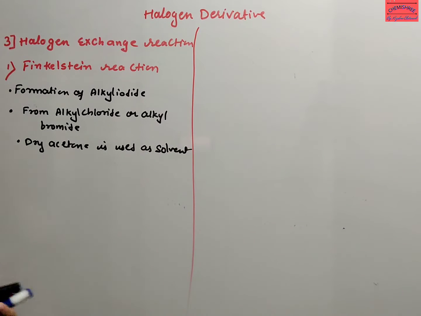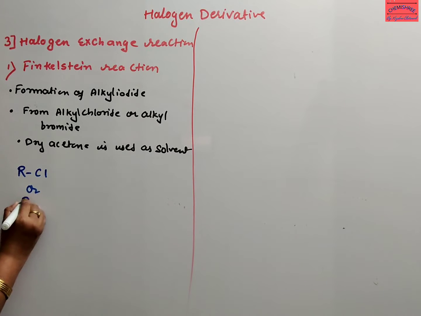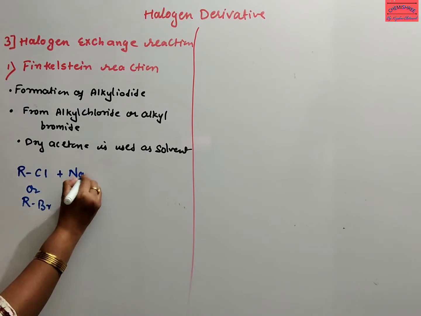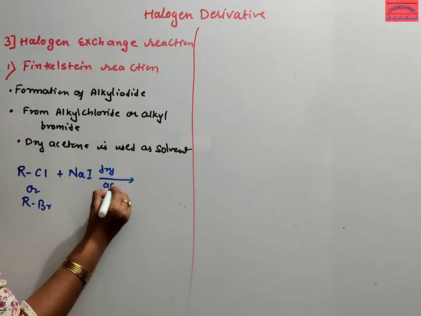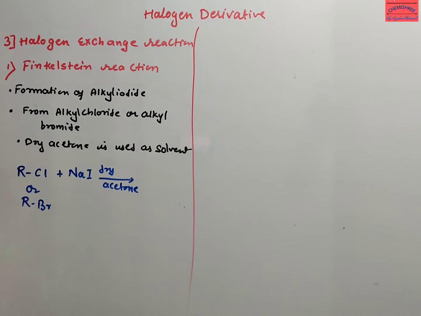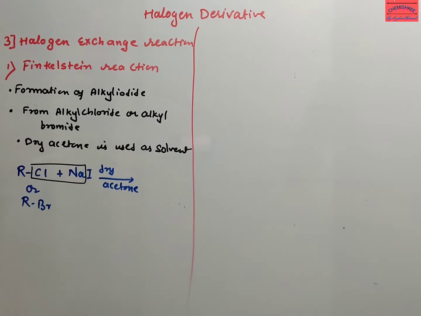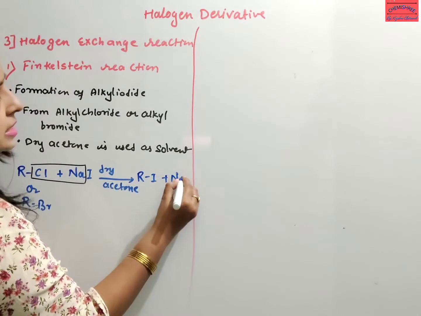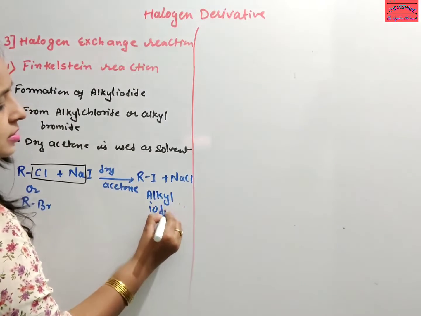So let us see the reaction when alkyl chloride or alkyl bromide, that is RCl or RBr, is treated with sodium iodide in presence of dry acetone. This is the solvent used. So there is a removal of NaCl or NaBr and you will get RI plus NaCl or NaBr, alkyl iodide.